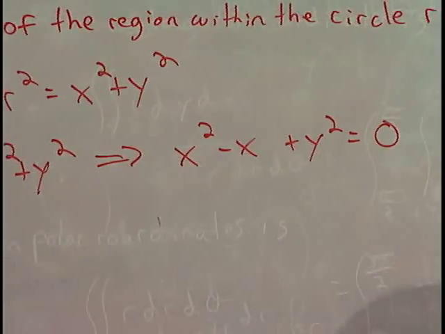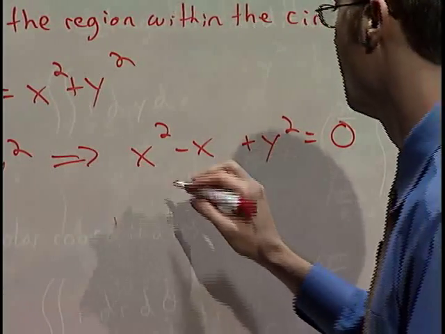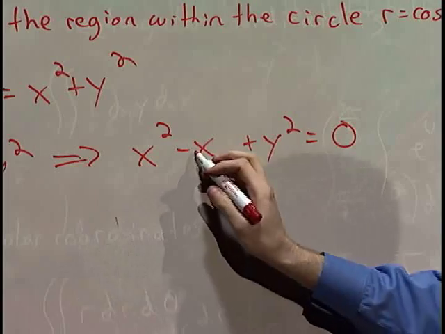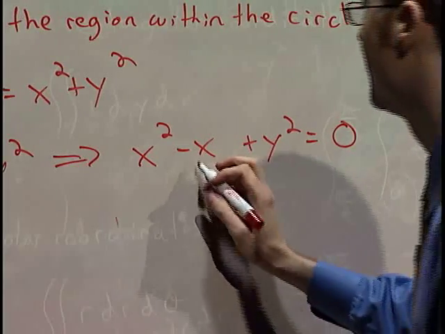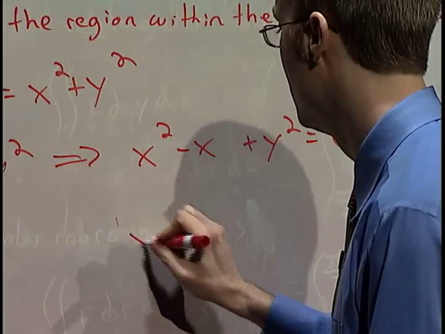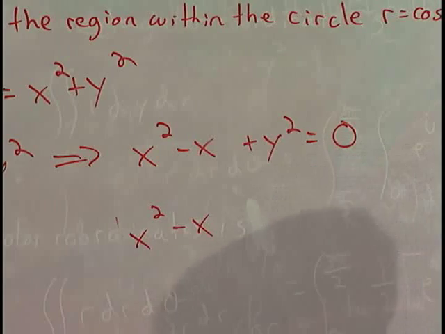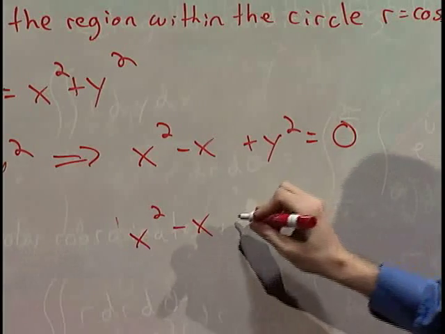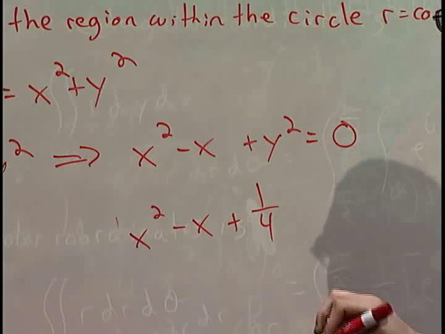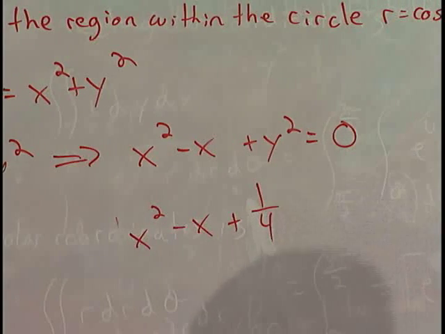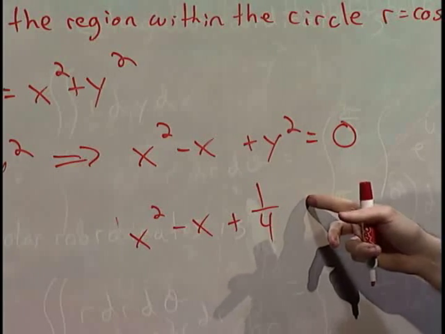I'm going to complete the square on this. So I take half of this and I square it, and I add and subtract that to both sides. Half of -1 is -1/2. If I square that, I have a plus 1/4, and I have to also subtract a 1/4 from both sides.